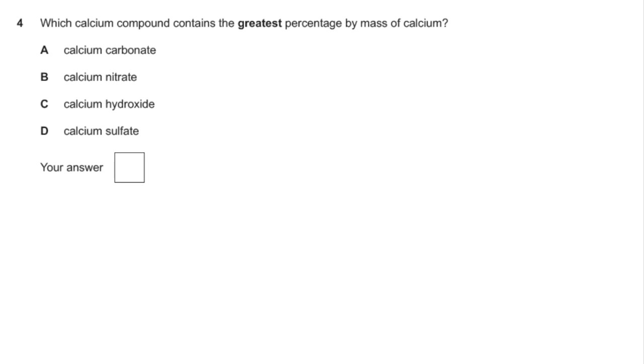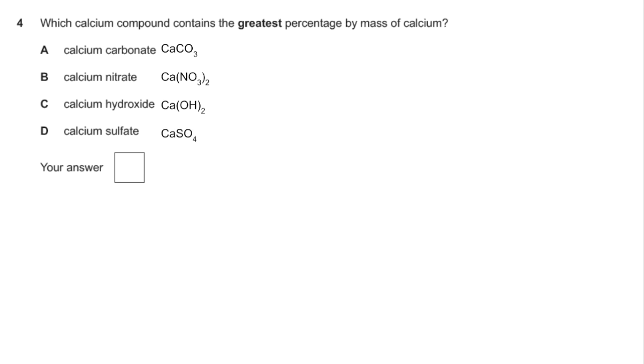So this question's testing your knowledge of basic chemical formulae. The first thing we'll do is write down the formulae of A through to D. Calcium carbonate, CaCO3, Ca(NO3)2 for calcium nitrate, calcium hydroxide Ca(OH)2, and calcium sulfate CaSO4.